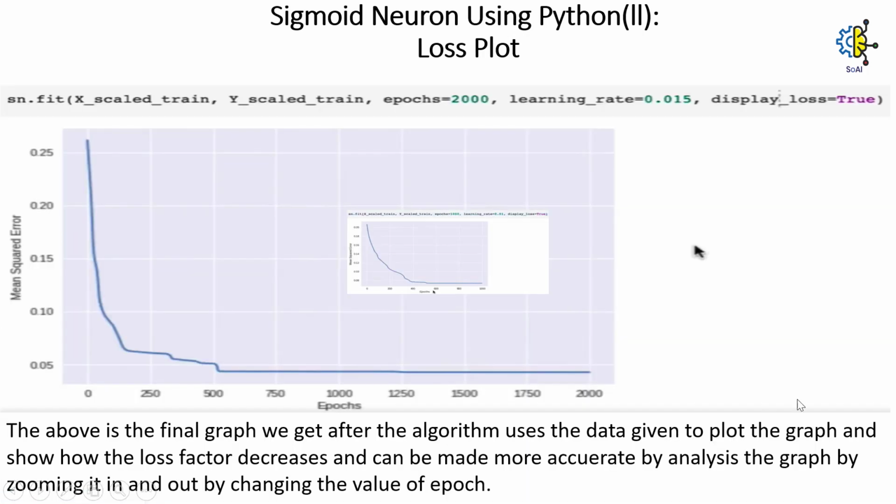So this is the graph, the final graph we get after the algorithm uses the data given to plot the graph and show how the loss decreases. It can be made more accurate by analysing the graph, zooming in and out, and changing the value of epoch. As the value of epoch is 1000, 2000 or 5000, it will vary.